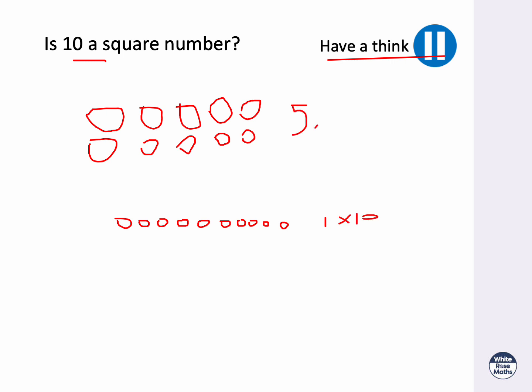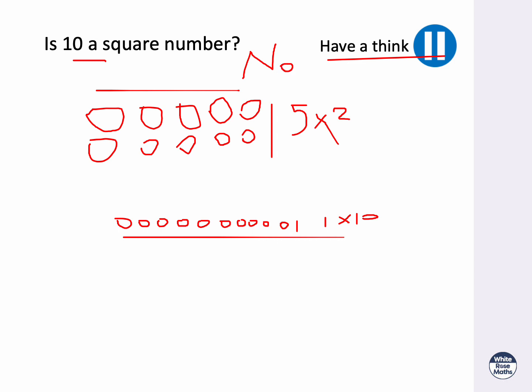Okay, 5 across and 2 down, or 2 by 5, depending on how you want to read it. And this is 1 across and 1 up. So I've not made a square by this, so I can confirm that the answer is no. So 10 is not a square number.